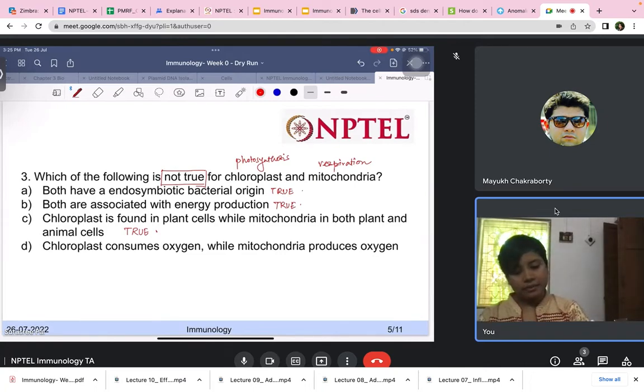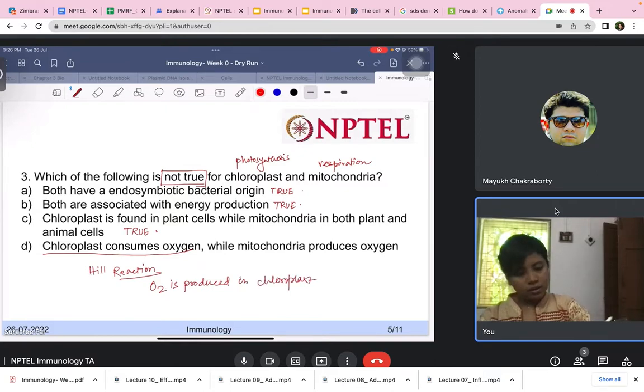So this statement here is not true, as we know that photosynthesis is the process where, in the Hill reaction, oxygen is produced in the chloroplast.